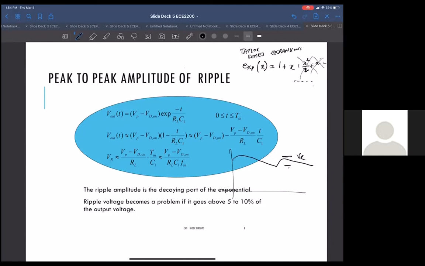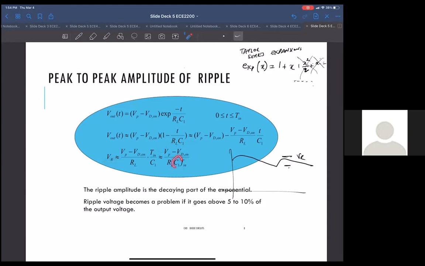Okay, so this change is your starting voltage divided by the load, the capacitance, and the operating frequency. So you want this ripple voltage small. What can you do?